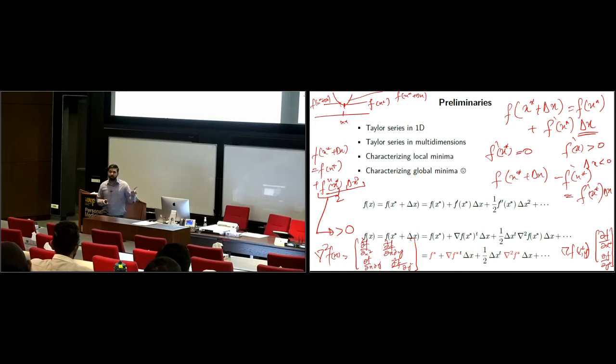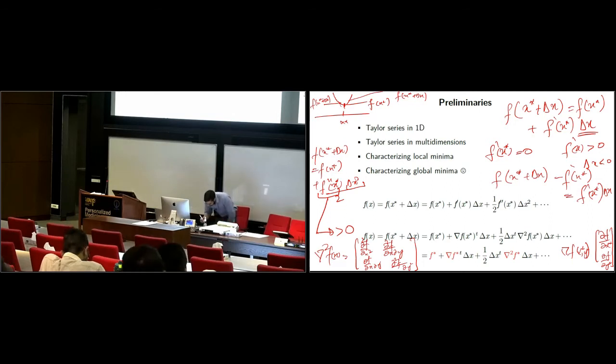Okay, what does positive definite mean? I'm just going to write the simplest definition of positive definiteness, which is that if H is a matrix, then x transpose H x is greater than 0 for all x. That's it. You don't need to look at anything else.